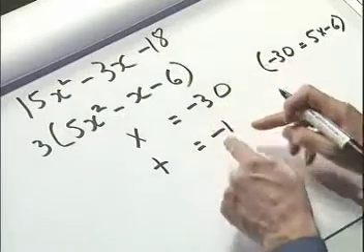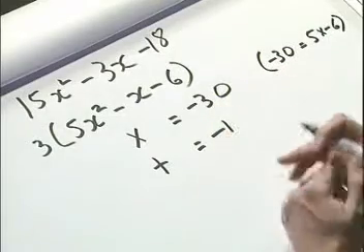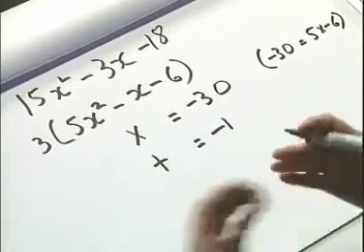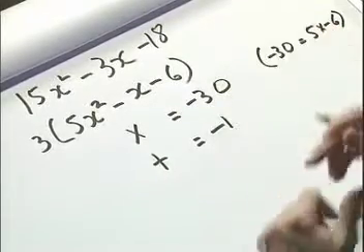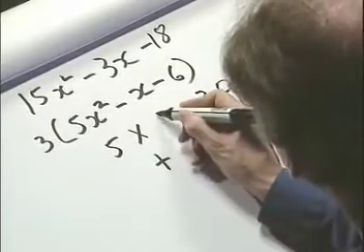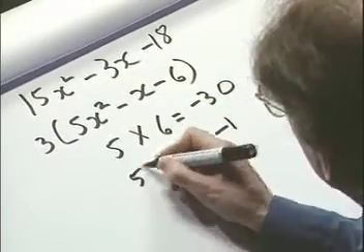So, I want two numbers to multiply together to give me minus 30 and add together to give me minus 1. Well, 5 and 6 seem like obvious choices because they've got a difference of 1 and they multiply together to give 30. So how can I juggle the signs with the 5 and the 6?